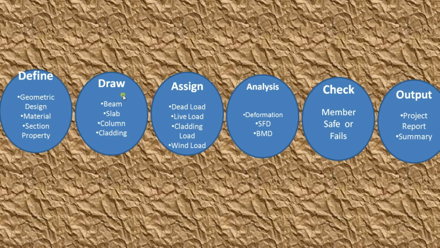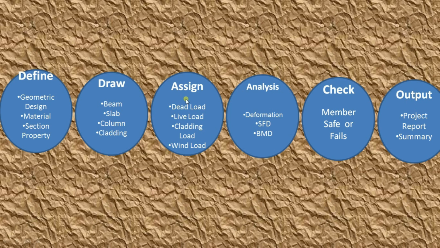Using this property, we can draw the different sections that are beams, slabs and column. Along with, we can also draw cladding by using auto cladding option. After drawing the entire structure, we can assign the load using assign menu.